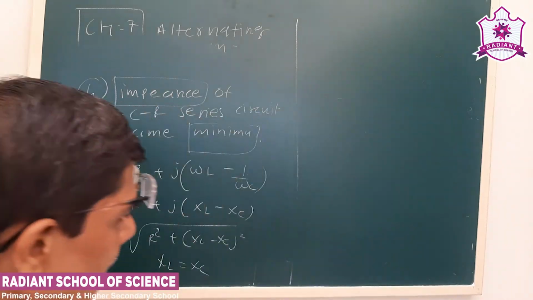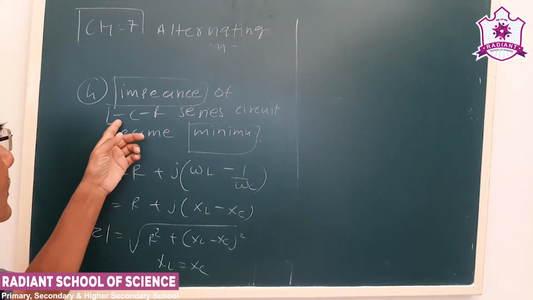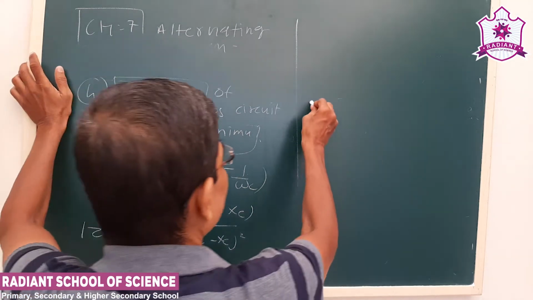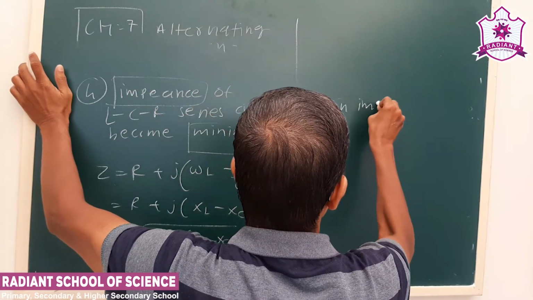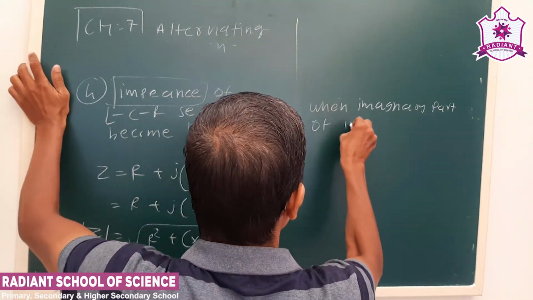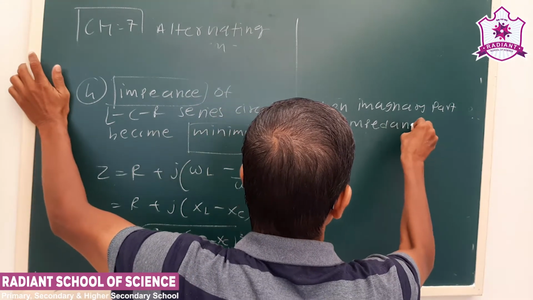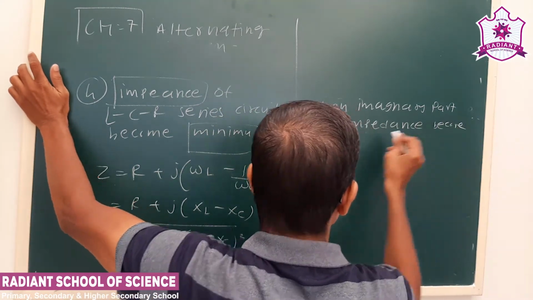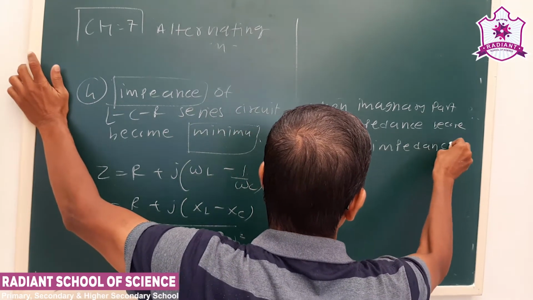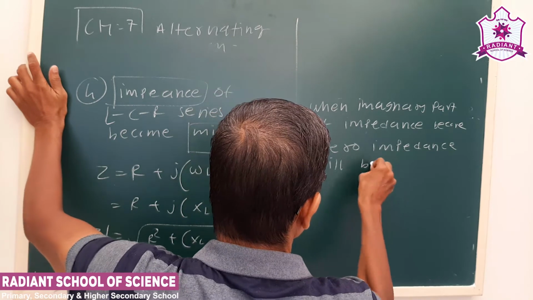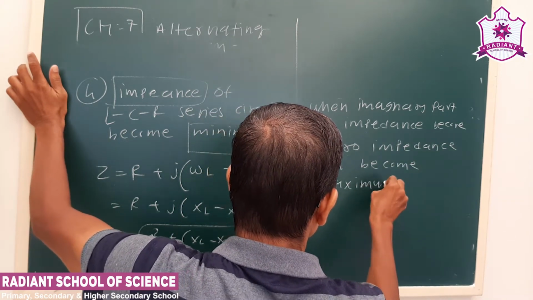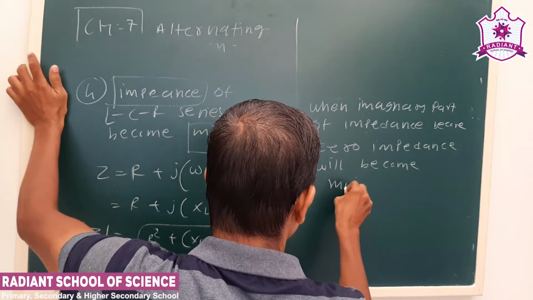So our question: when does the impedance become minimum? We can write like this: when the imaginary part of the impedance becomes 0, the impedance will become minimum.